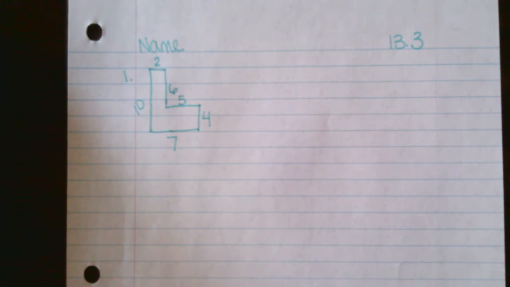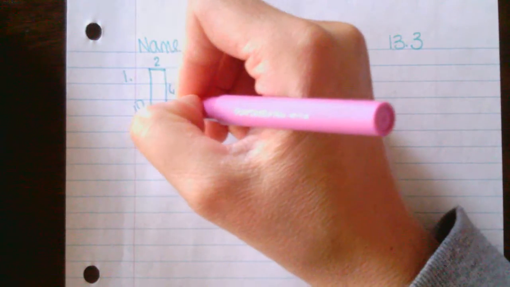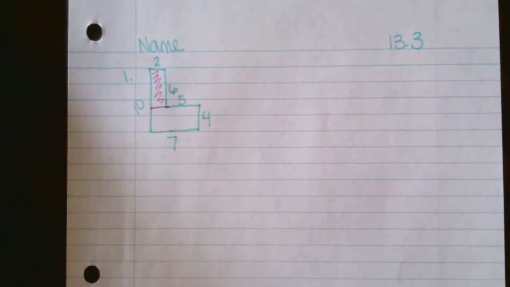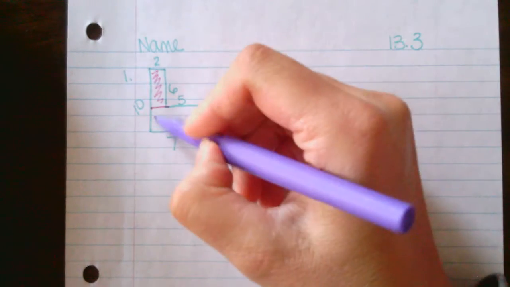Okay, and you guys can see that they already drew lines to show separations of our rectangles. So they drew it across the way, and we have our pink rectangle, and we'll have our purple rectangle.